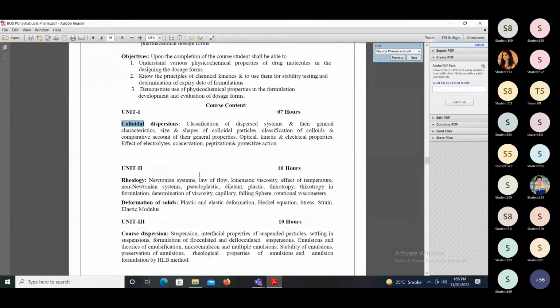Then, what is the effect of electrolyte when a small amount of change takes place in the colloidal dispersion, and what type of changes occur, that part we are going to analyze here. And then the coacervation method, peptization method, and protective action of colloids we are going to evaluate here.